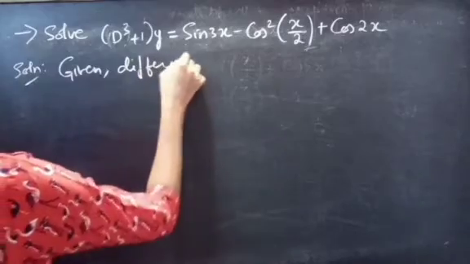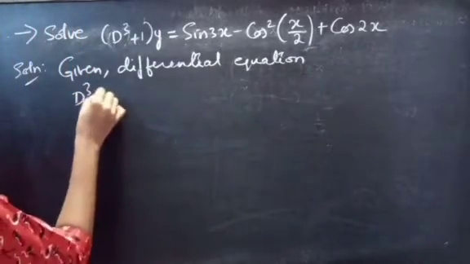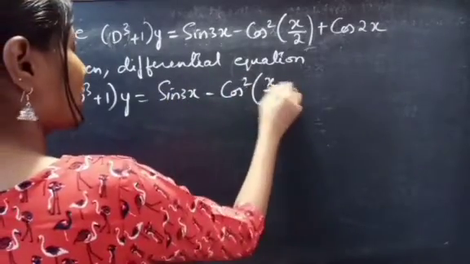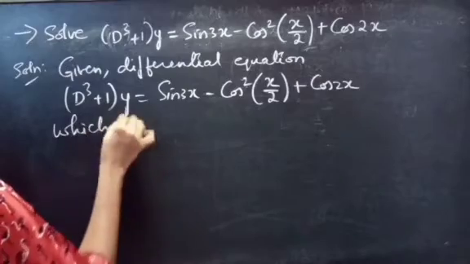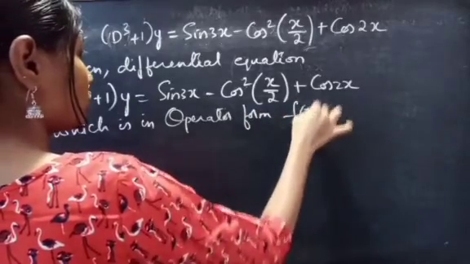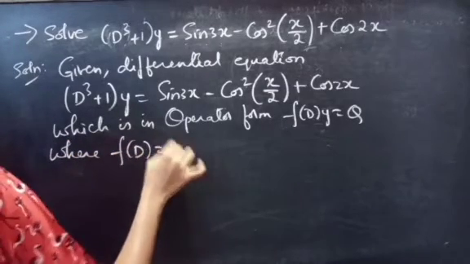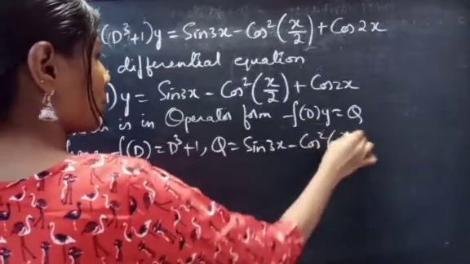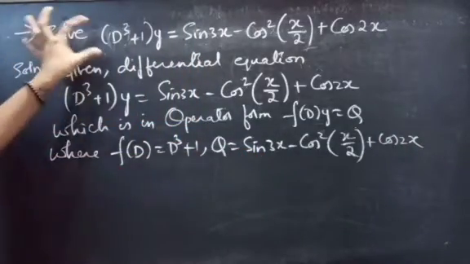Given differential equation (D^3 + 1) y = sin 3x - cos^2(x/2) + cos 2x, which is an operator form: f(D) y = Q, where f(D) = D^3 + 1 and Q = sin 3x - cos^2(x/2) + cos 2x.